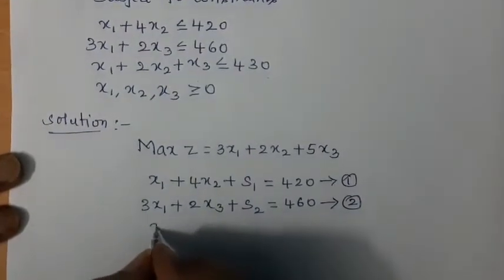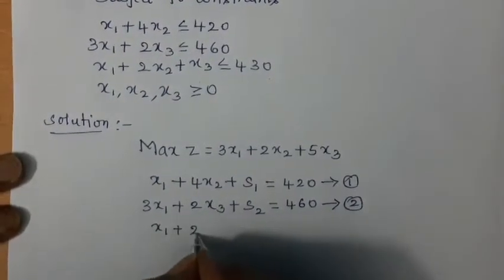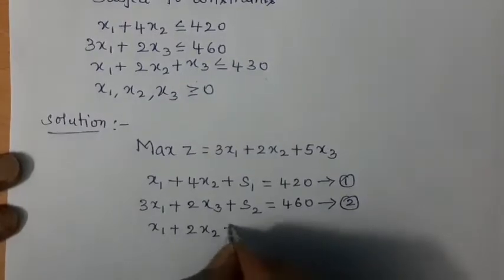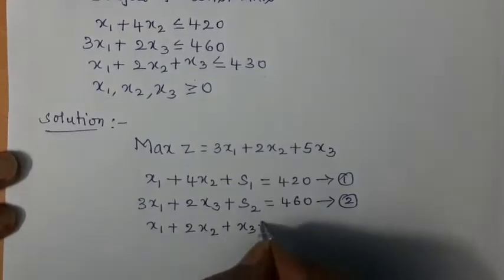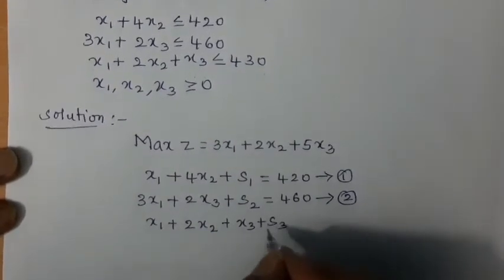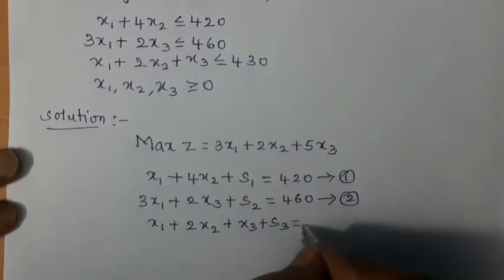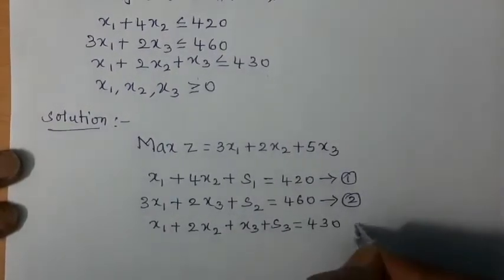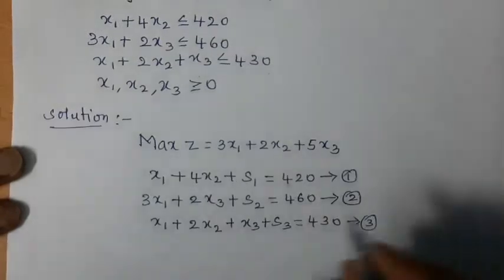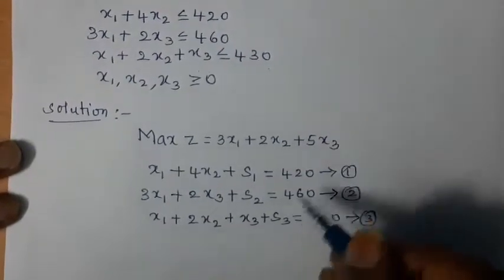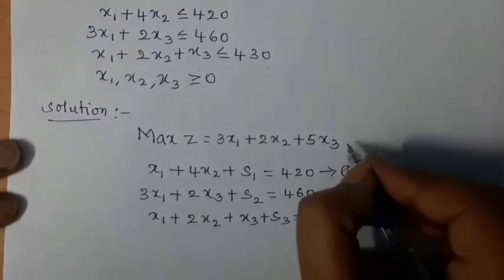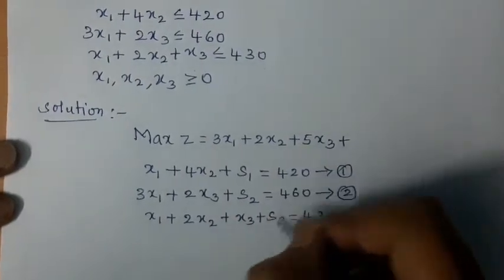And third constraint x1 plus 2x2 plus x3. Now I am adding third positive slack variable plus s3, that is equal to 430. So this is equation 3. And add all the slack variables in the objective function also, and the coefficient of all these slack variables will be 0.